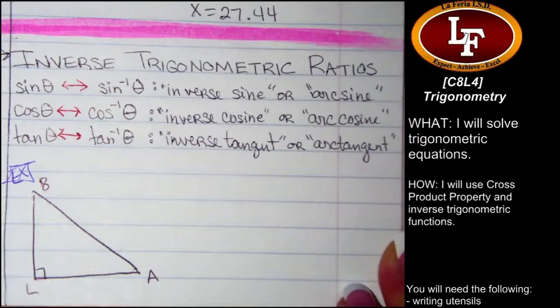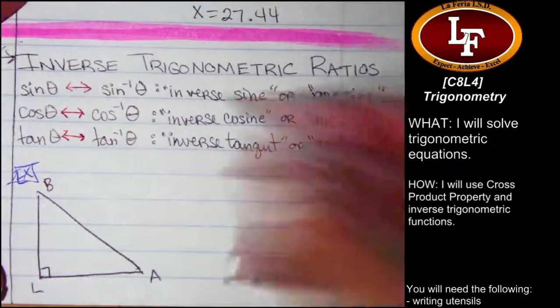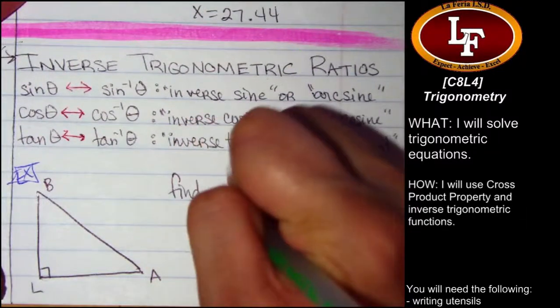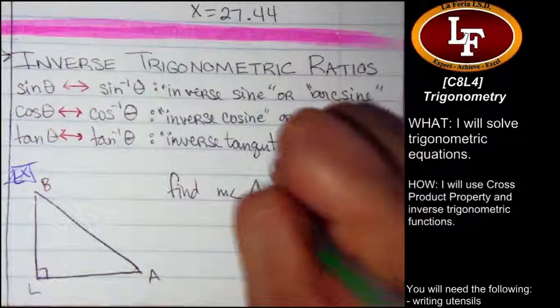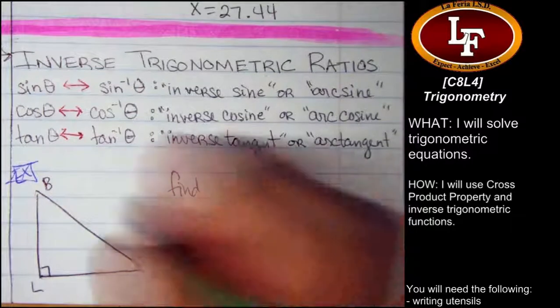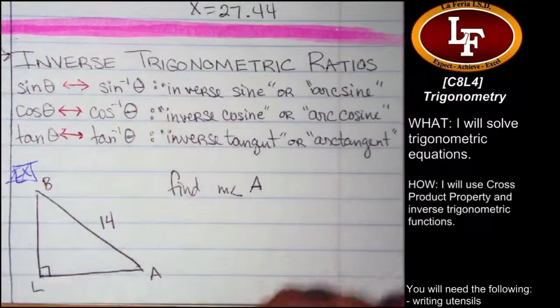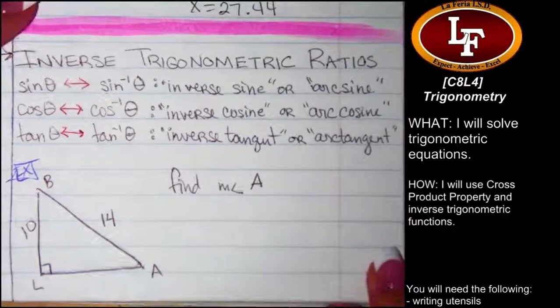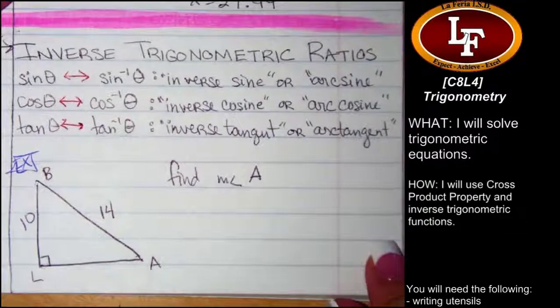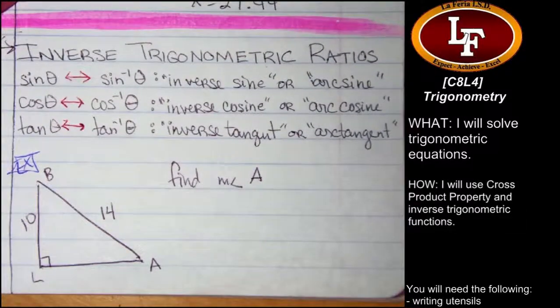All right, and we want to find the measure of angle A. I'm making stuff up. Let's make this one 14, and let's make this one 10. We want to find an angle measure, and all we're given is side information, which automatically forces us into using trigonometry.